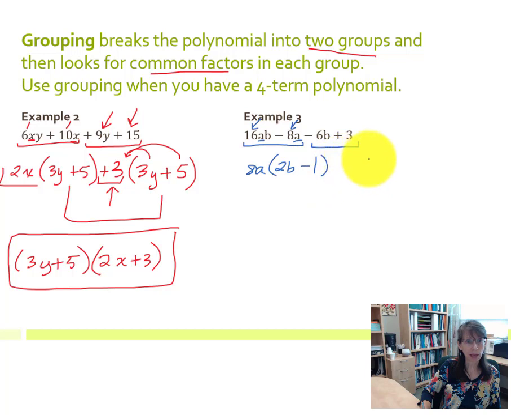Leave yourself a little gap there, and in the quantity we know that 2b minus 1 should appear. So working backwards to fill in that gap, 2b is multiplied by something to match negative 6b. So we need minus 3. So now you can see sometimes we use a plus, sometimes we need to use minus to fill in the factor.